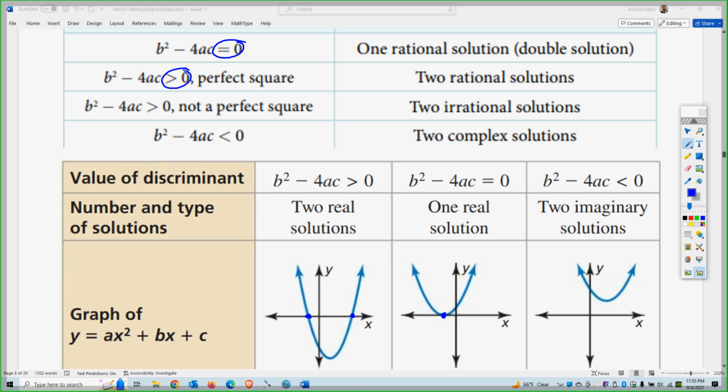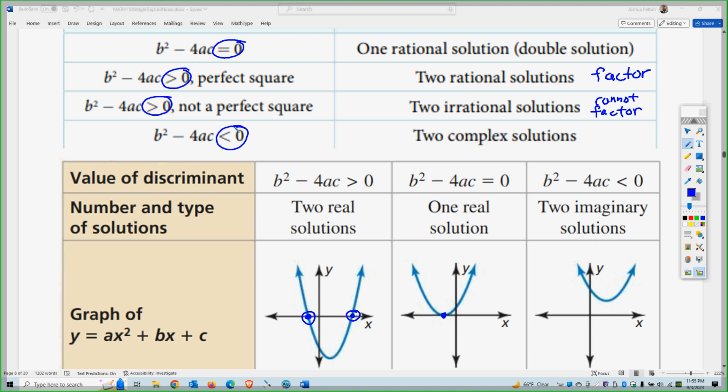Okay. And which means you could have factored it. Okay. If it's a perfect square. If it's not a perfect square, you cannot factor. Okay, which means you're still going to get two answers, but it's going to be like 3 plus or minus root 2 or something like that. Okay, again, that's still greater than 0.